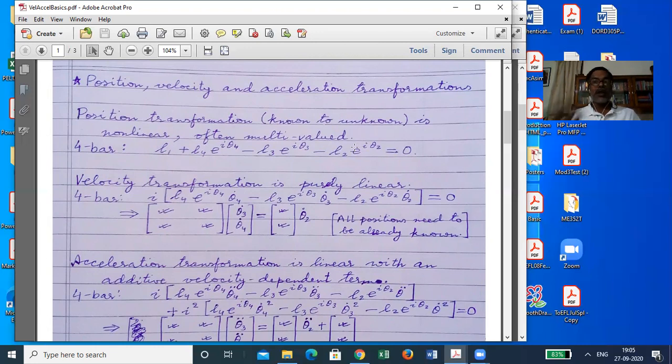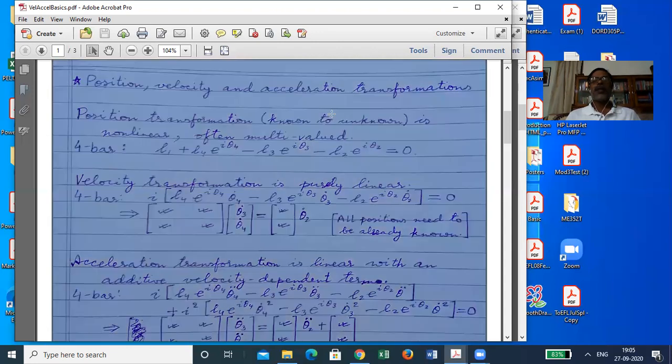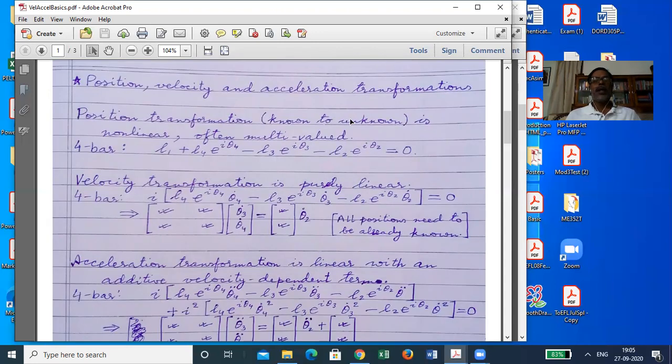So those nonlinear functions were making this transformation nonlinear. Now here we are talking about velocity transformation, and here for theta 2 dot, theta 3 dot, theta 4 dot, the velocity terms, you are getting no nonlinear term. There are 3 terms in this particular case. Each of them has just one velocity quantity.